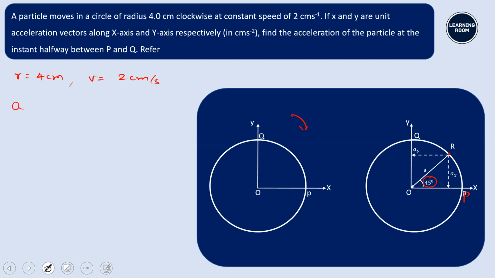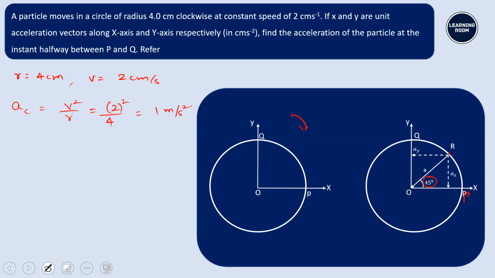So acceleration of the particle is going to be equal to v square divided by r. Right? So it is revolving with a constant speed of how much? 2 square divided by the radius, which is 4. So it is going to give us 1 meter per second square. Yes. So the answer to this question is 1 meter per second square.